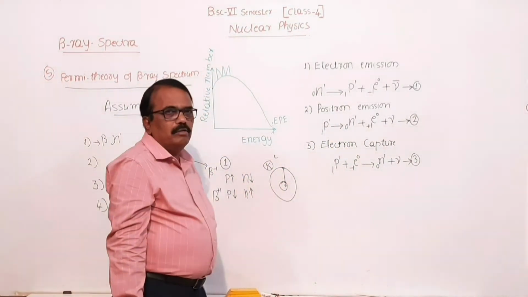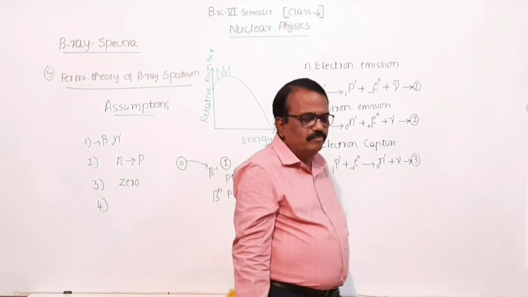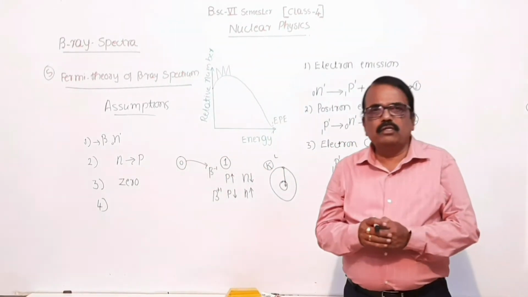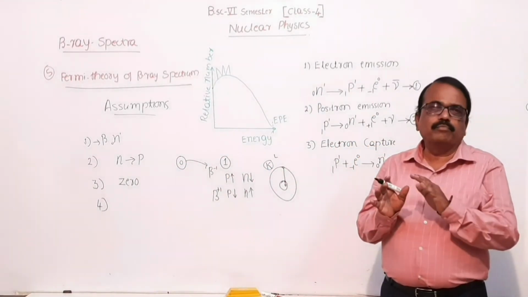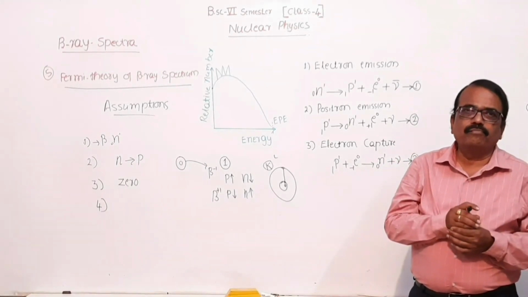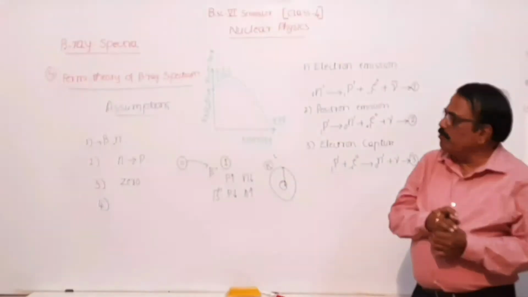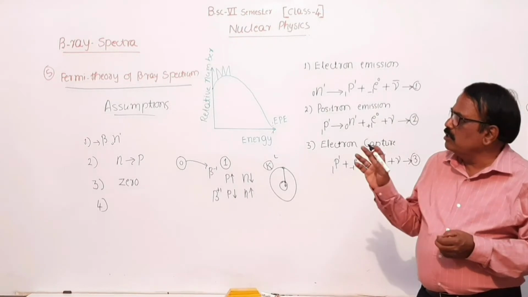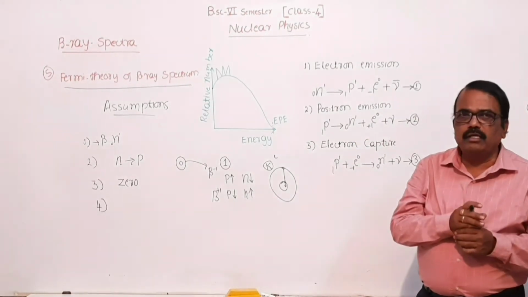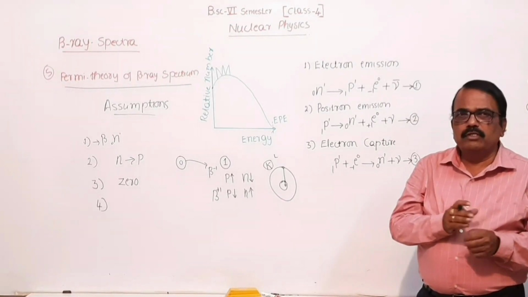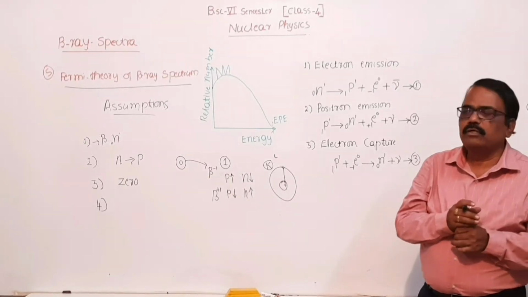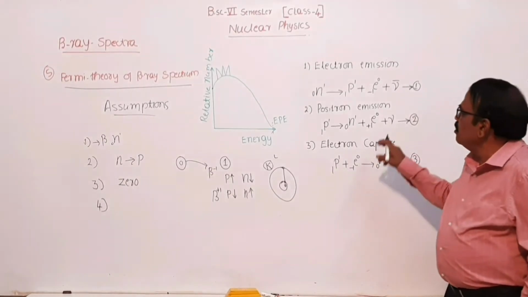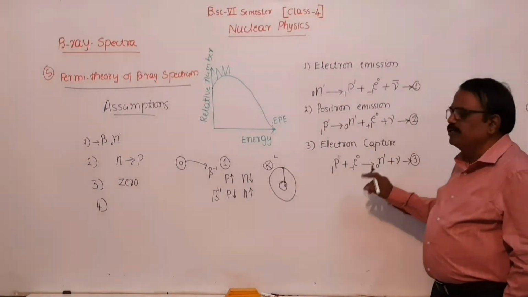So there are 3 equations. How are these 3 equations processed? The problem of this beta decay theory is to calculate the probability of processing of these 3 equations.